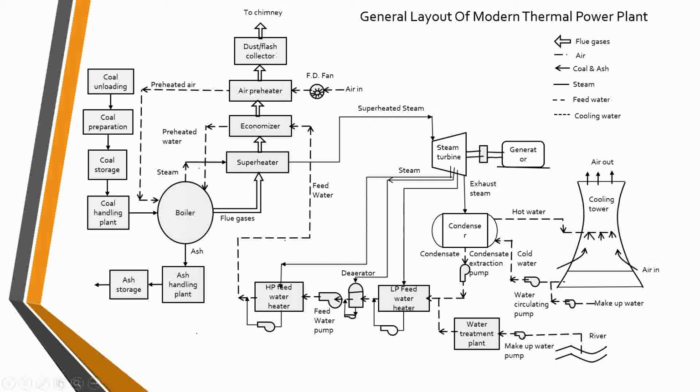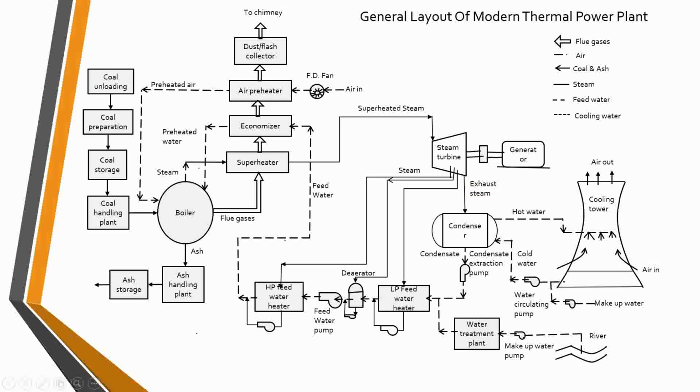Then this section you see here, dust and ash collector, air preheater, economizer, superheater, is known as the air and ash handling circuit, because it deals with air inlet through the air preheater, then the boiler furnace and flue gases.